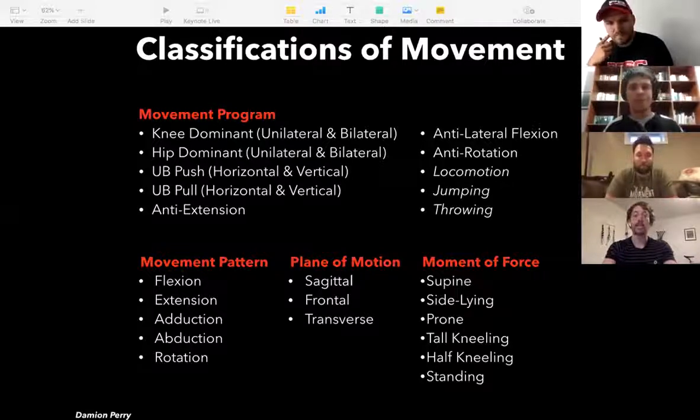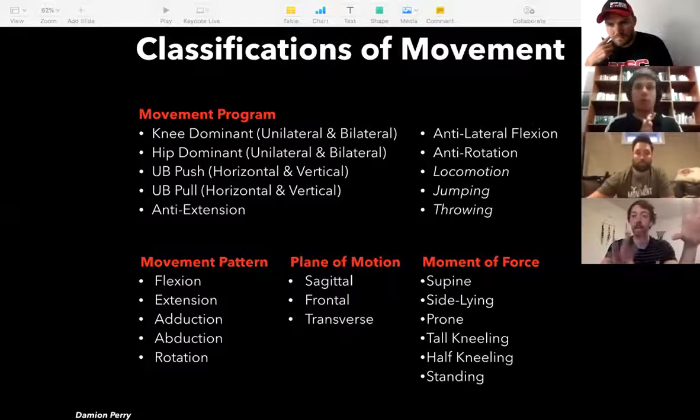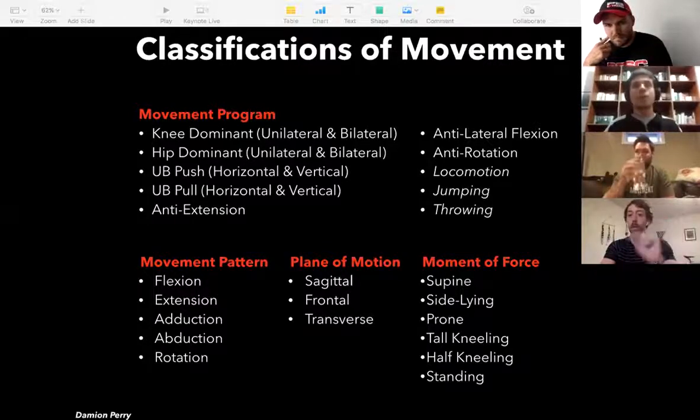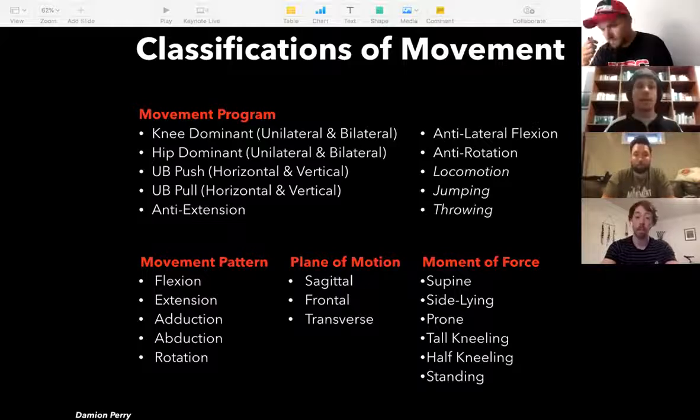So this is sort of the mecca of how I'm going to choose to design a program. Well, this is the functional anatomy version of that. This is me dumbing everything down into a very quantifiable bucket that you can pluck and pull and put everything in to classify what decisions you're making in the gym.